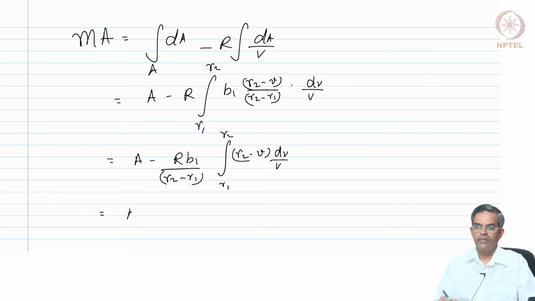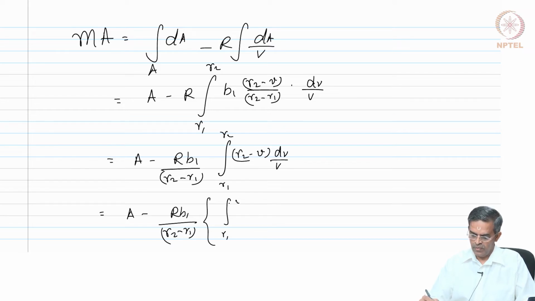Which will now become (A minus R B1 by R2 minus R1) of integral R1 to R2 R2 dV by V minus integral R1 to R2 dV.